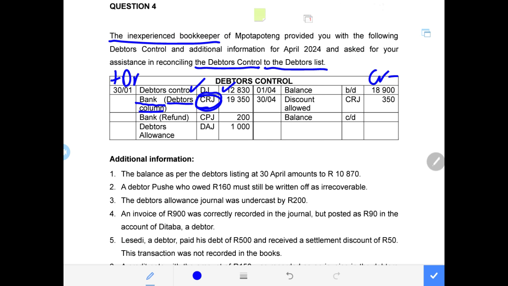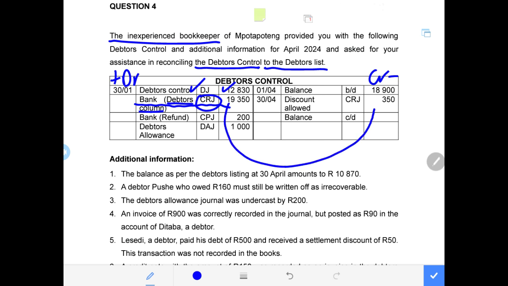If the customer paid us money and we received it, it's supposed to decrease the account of the customer on the credit side. So this bank is recorded on the wrong side of the debtors control. When the customer pays us, we receive money, and we must decrease the account of the customer on the credit side. Therefore, this is moving to this side.